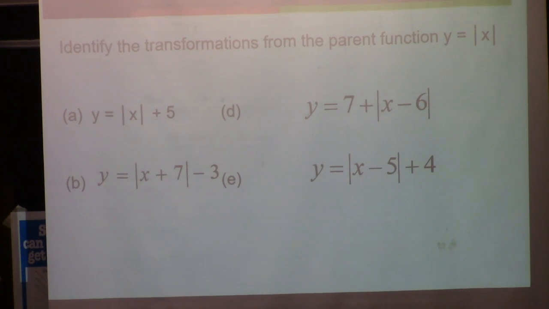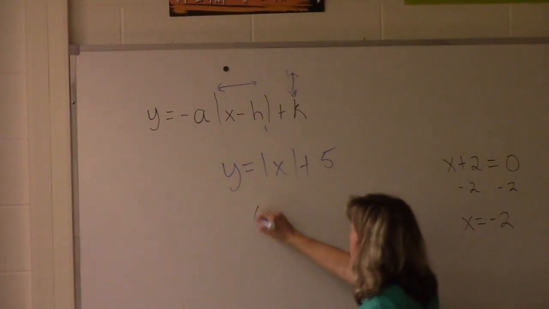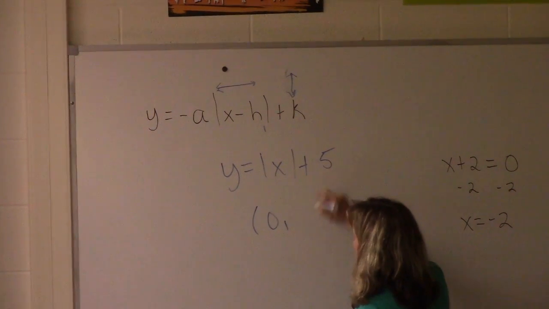So on A, I didn't go anywhere horizontally, right? So my vertex is 0, and then I went up 5.